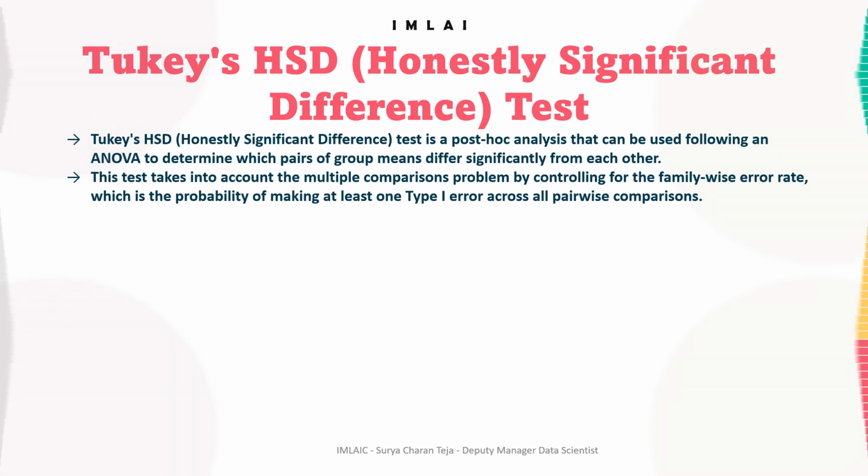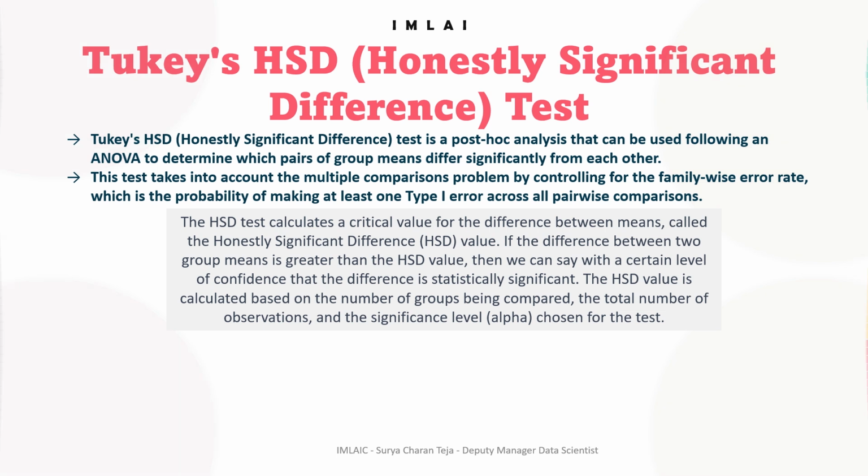The Tukey HSD test can be performed using the statsmodels.stats.multicomp module in Python. It requires the group means and the standard deviations, as well as the total number of observations and the number of groups being compared. The test outputs a table of all the pairwise comparisons along with their p-values adjusted for multiple comparisons using Tukey-Kramer correction.